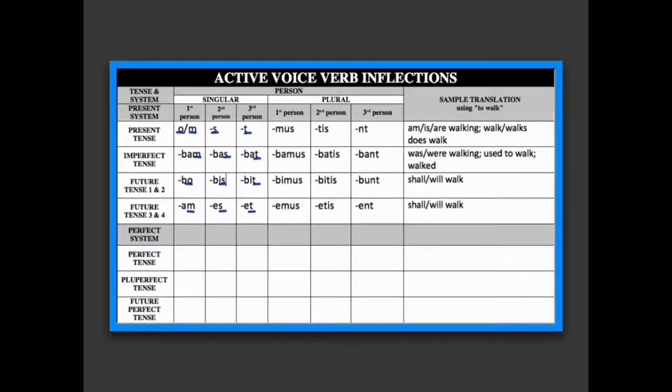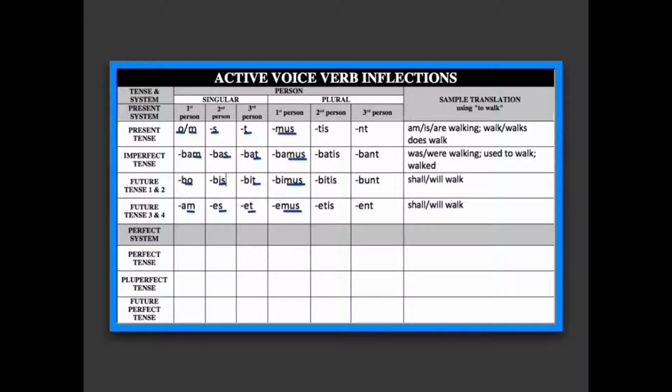Notice that every inflection in the first person plural column ends with the same three letters, mus. This is how you will always be able to tell that the subject of the verb is we. It is extremely important that you commit to memory the fact that the inflection mus represents the subject we.